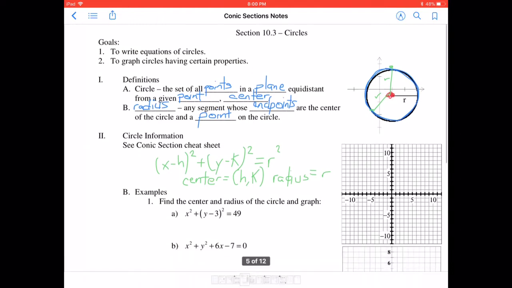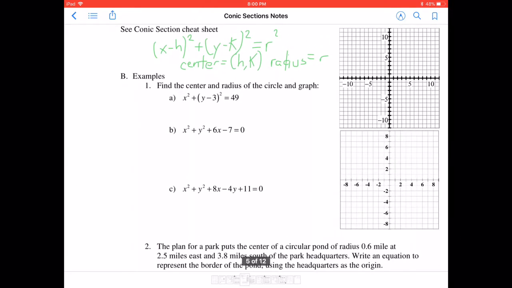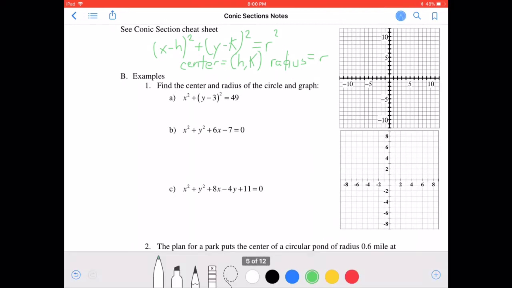So let me scroll down so we can have these equations and some graphs. So let's see if we can start doing this. The first equation is almost set up for us. We have an x squared. Notice if we put parentheses around it, it looks pretty much just like above.